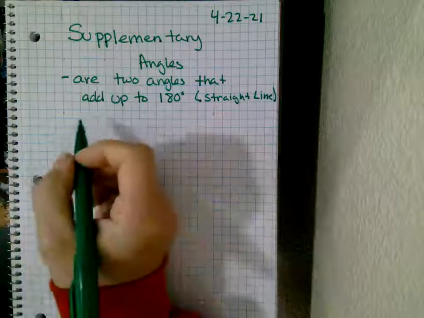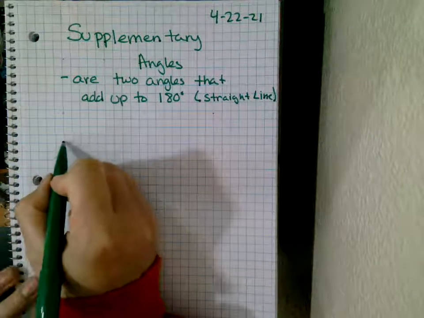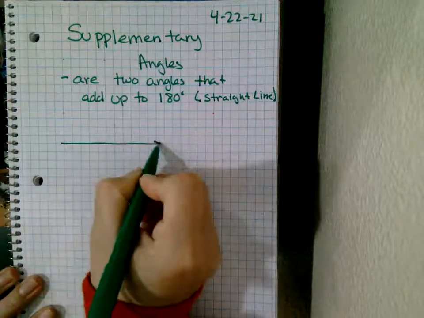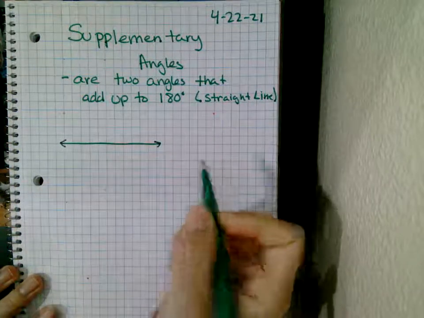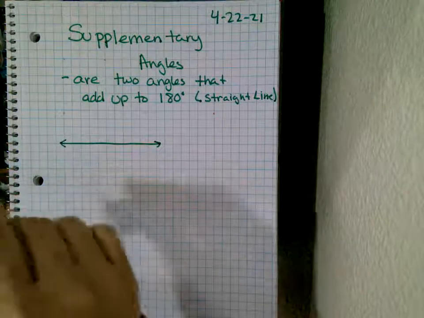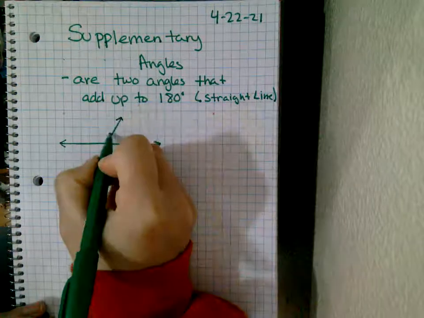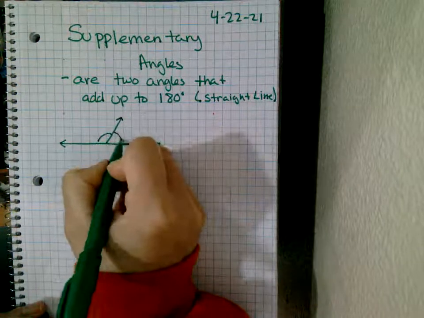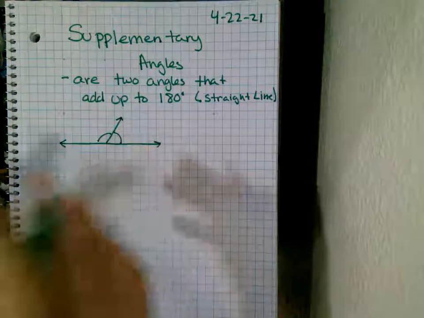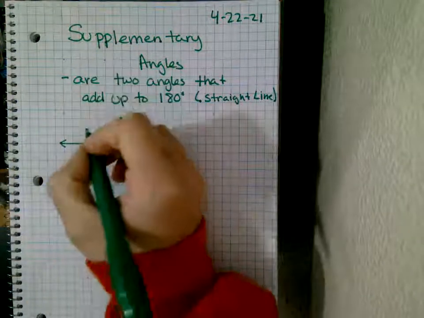So a straight angle looks like this, right? Now, if I were to divide it into two angles, here is one angle, here's the other angle. Put together, they make a straight angle, supplementary angles.